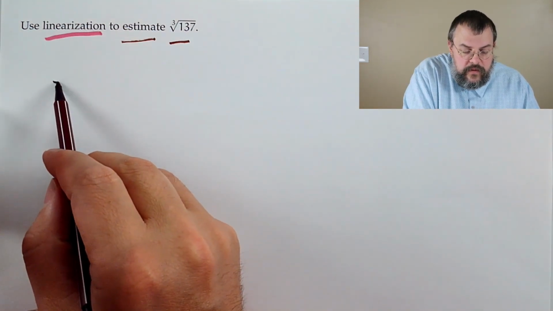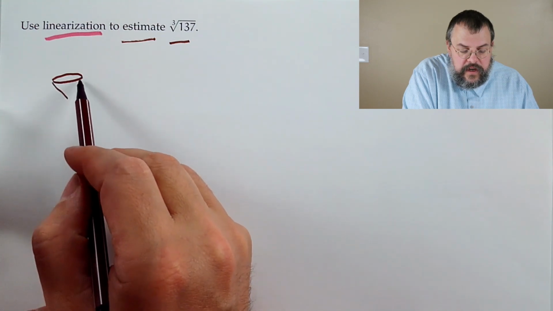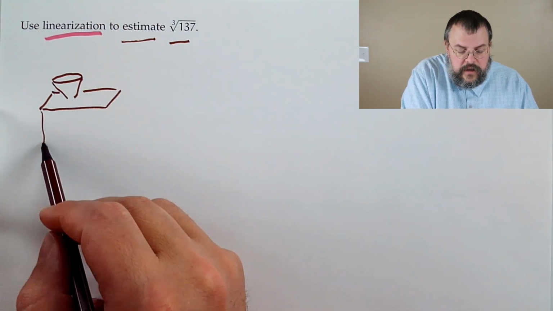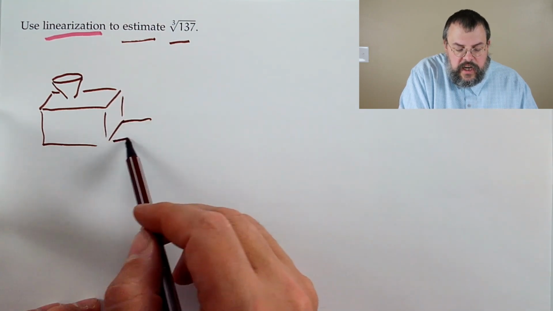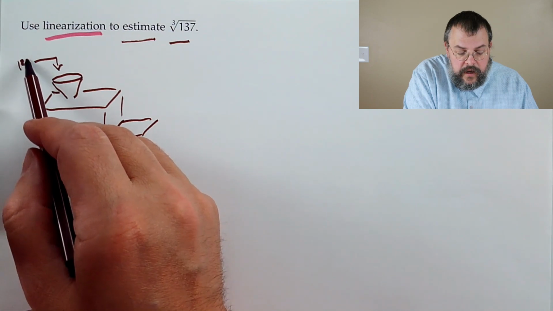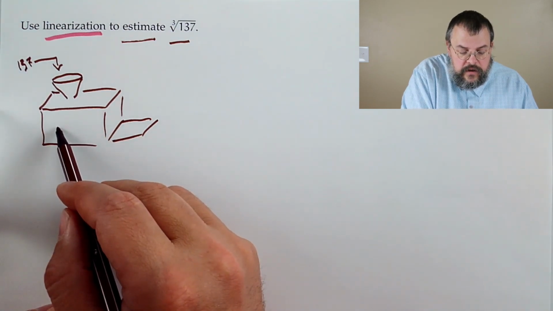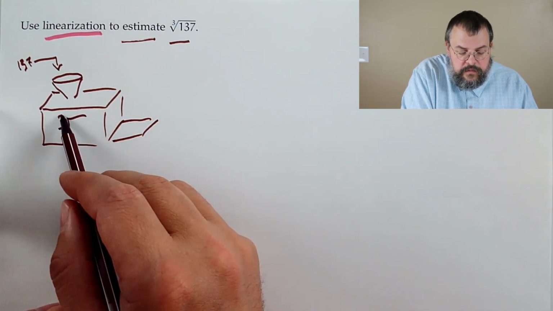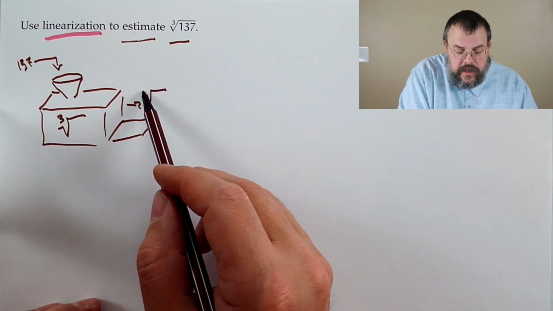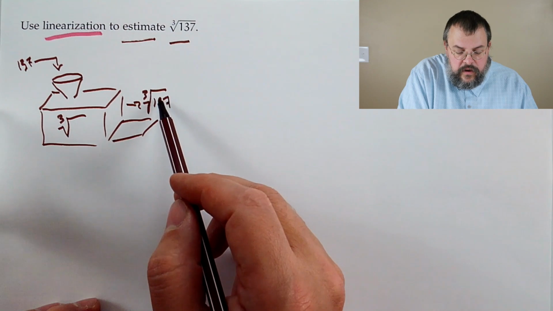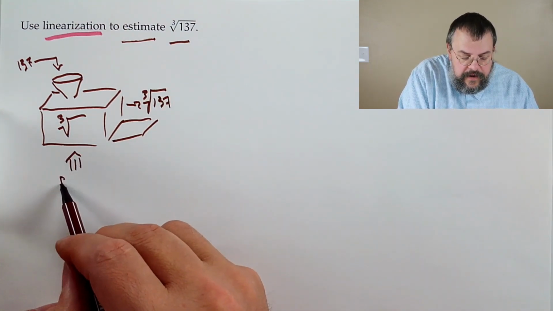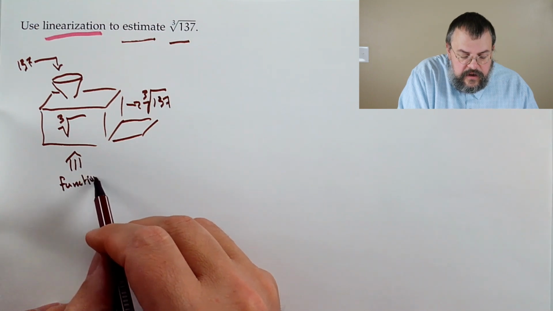If we think of it in an abstract sense, it sounds like we're taking 137 and throwing it into this function called cube root. So we say, aha, this is our function that we're after. So now we have an idea.